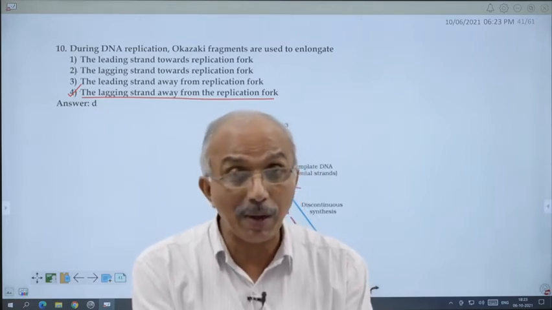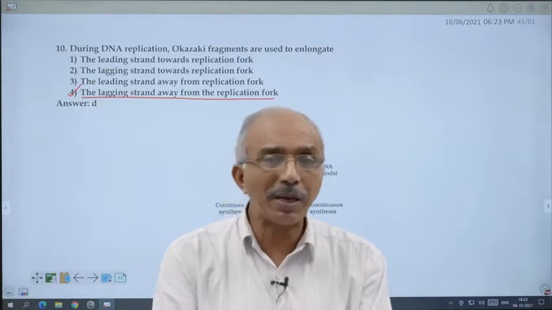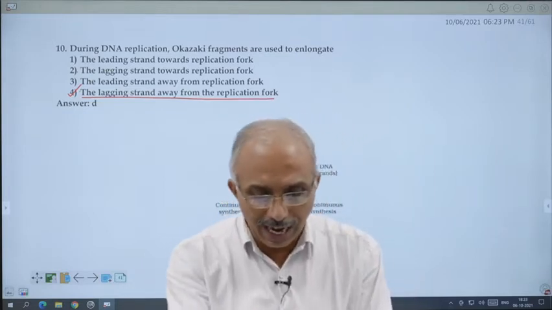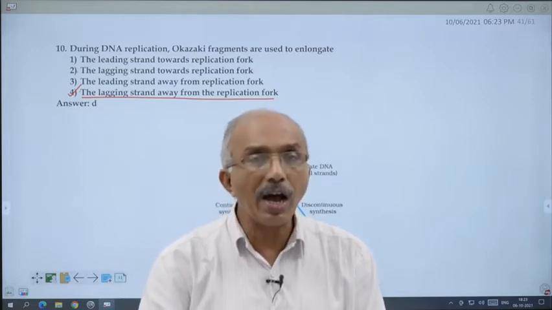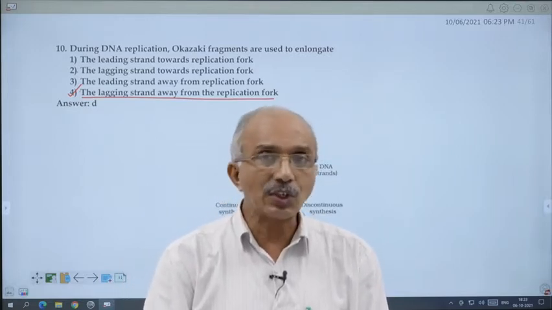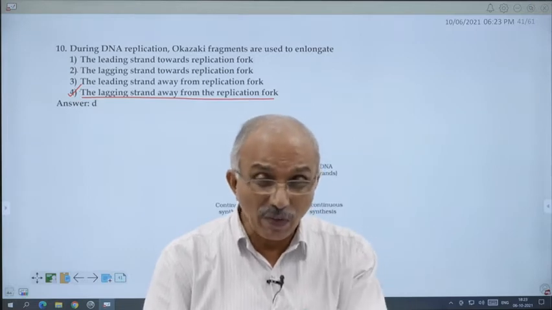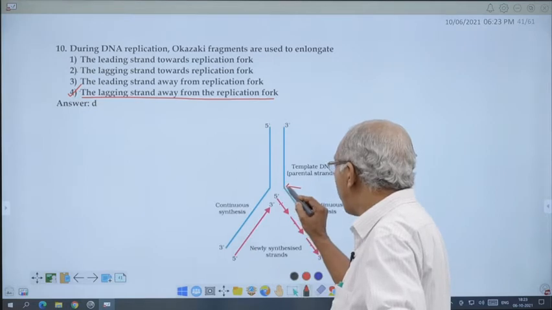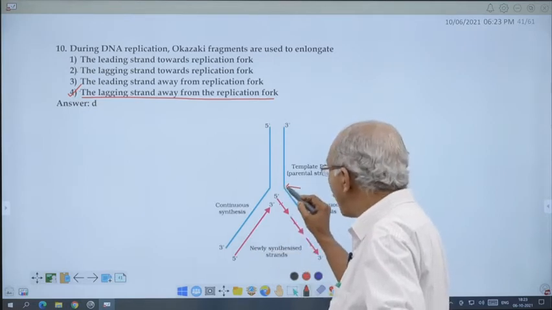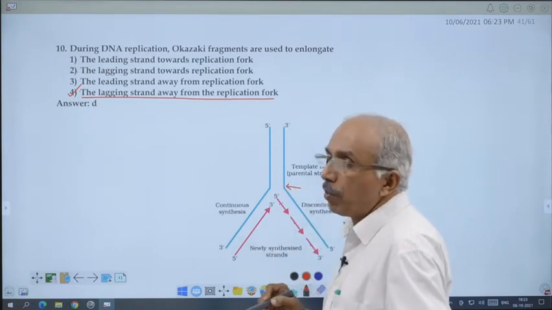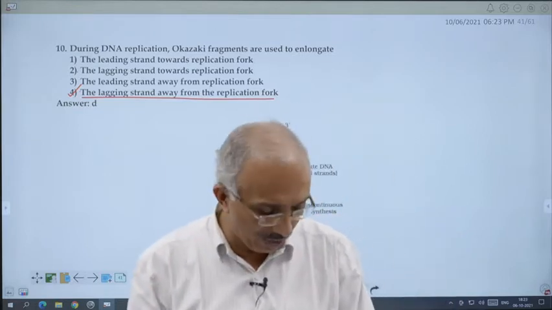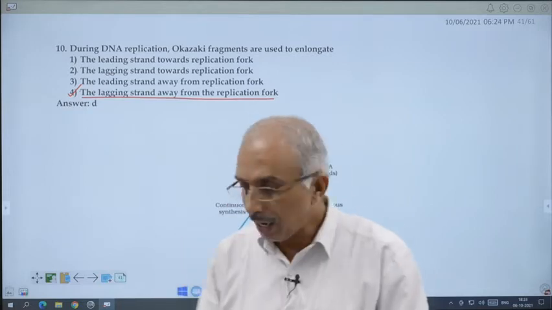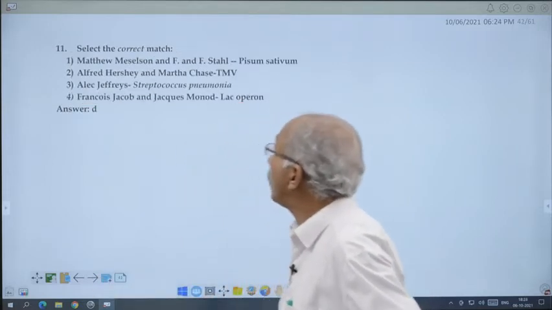Okazaki fragments are responsible for increasing the length of the lagging strand, but it is away from the replication fork. Replication fork is the Y-shaped junction formed during unwinding of DNA.